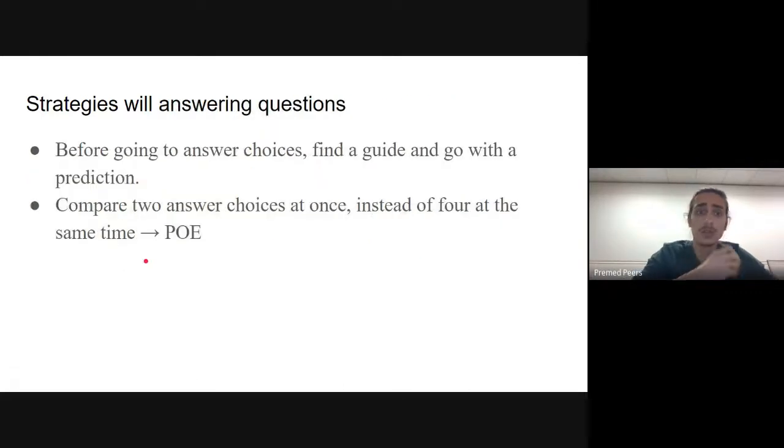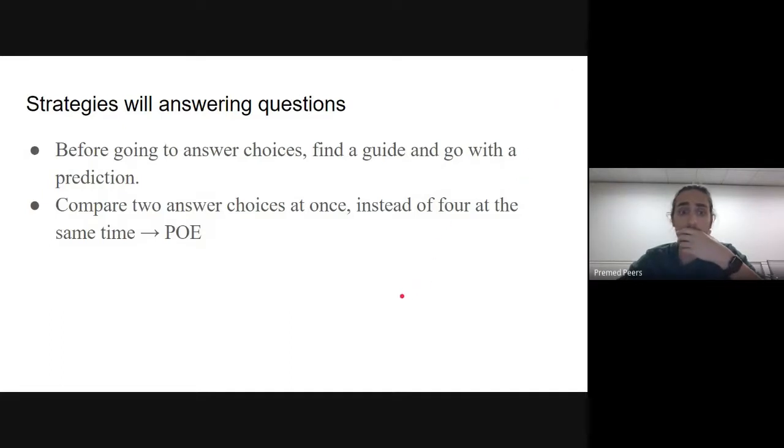The strategies that we're going to use to answer our questions are these. Before going to an answer choice, we want to find a guide. By guide, I mean either information that you already have, or a sentence from the passage that we would like to use to help us find the right answer. Before we look at the answer choices, we get a guided estimation of what the answer is going to be, and then we pick the answer choice that best goes with our prediction.